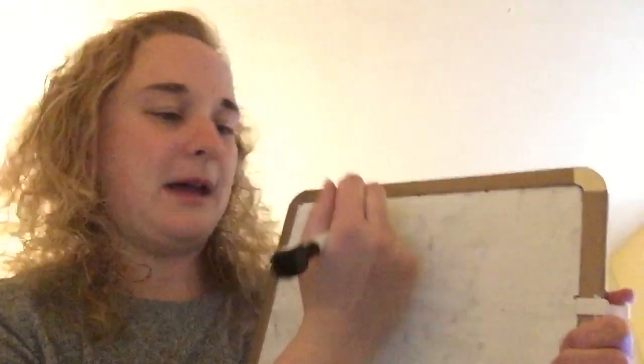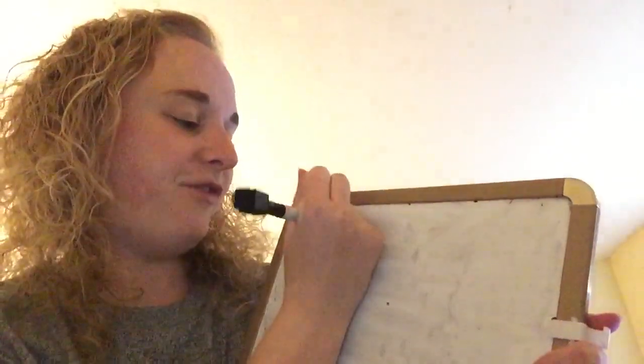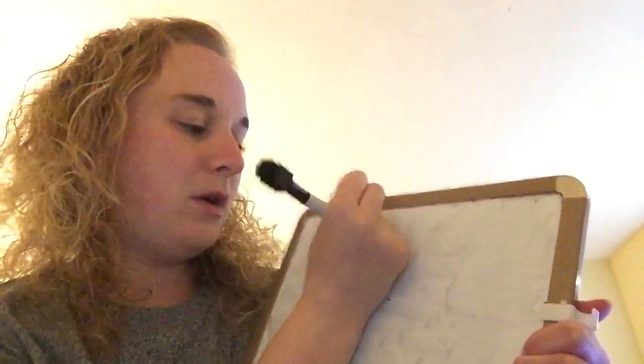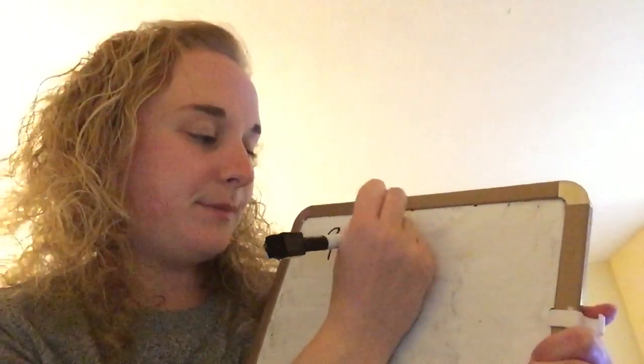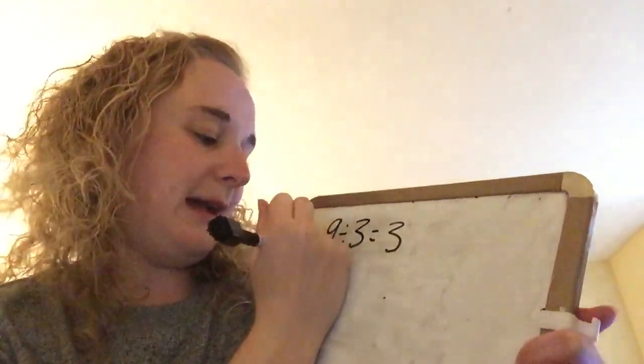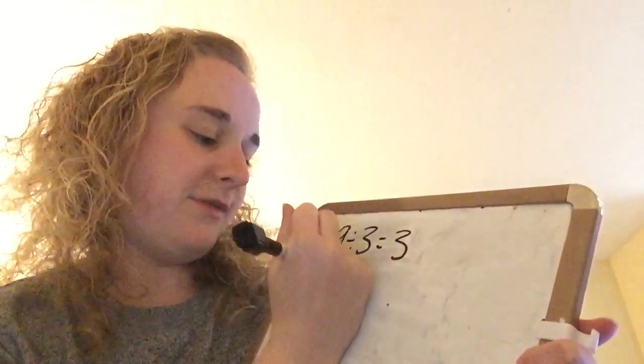Okay? I'm going to do a different one using other numbers, using another 10 other than the actual number 10. So I am going to do 9 divided by 3. Once again, a fact that we already know equals 3. Now I'm going to do 90 divided by 30.